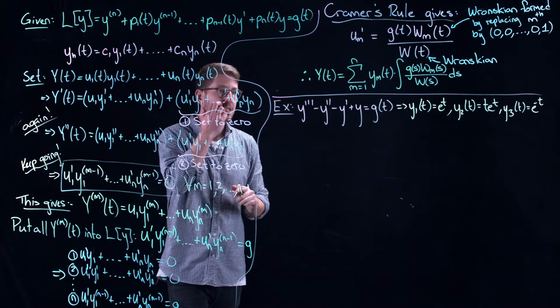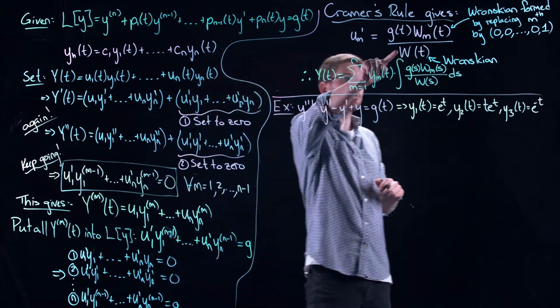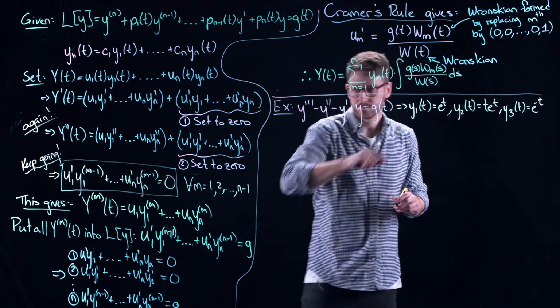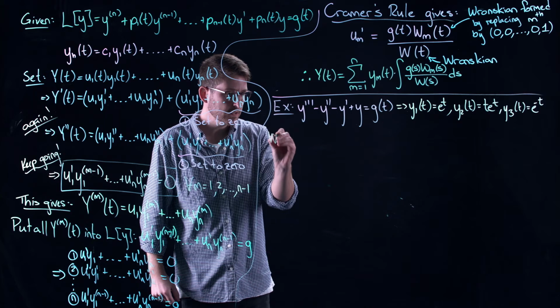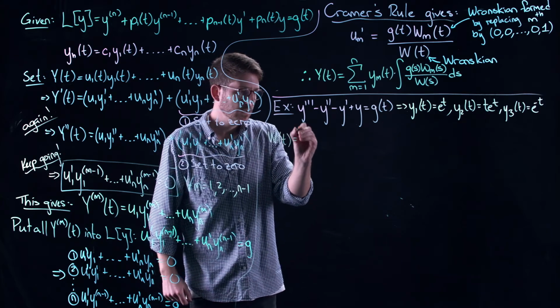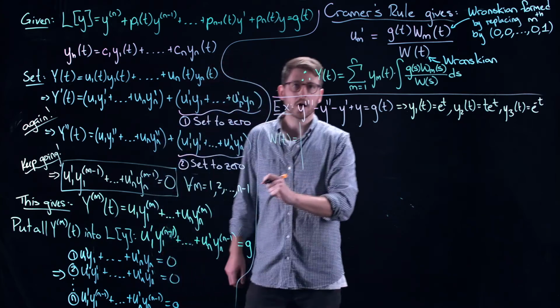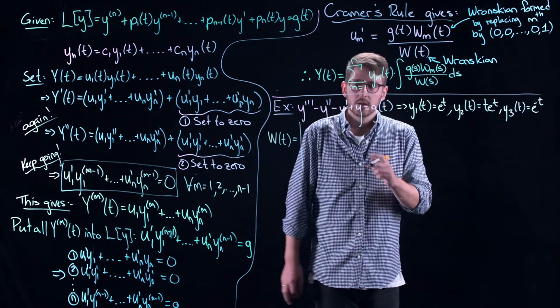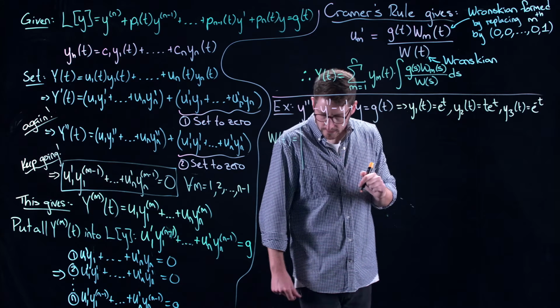First thing I want to do is compute the Wronskian, because the Wronskian is used at every corner of this application. I'm going to use the straight bar to denote that this is a determinant being taken here.